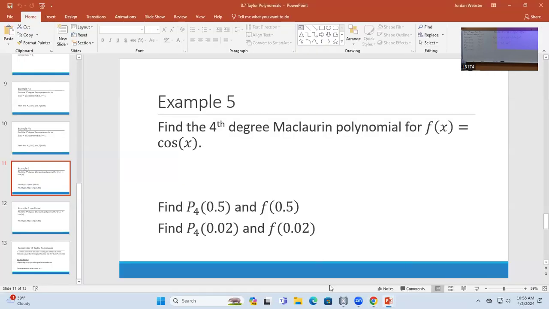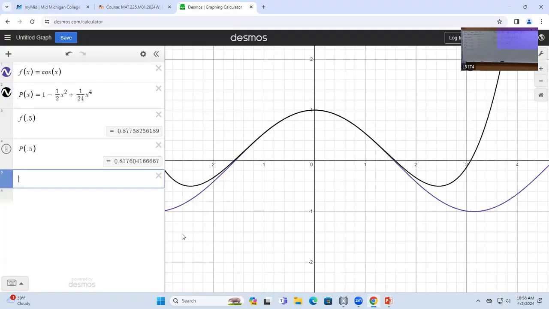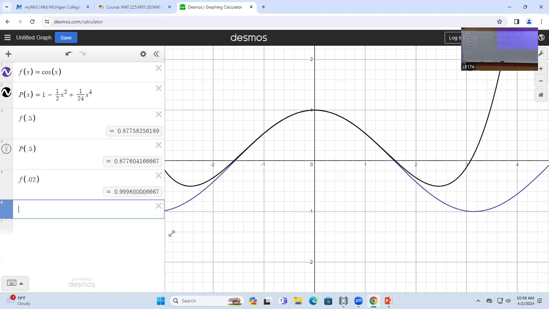If I plug in 0.02, well, 0.02 is going to be closer to my center than 0.5 is. So notice that if I plug in 0.02, that's very close to my center. And on Desmos, that gives me the exact same rounded value up to 12 decimal places.